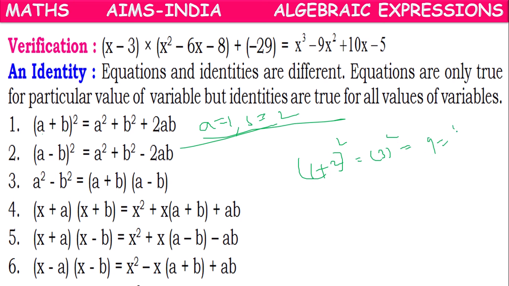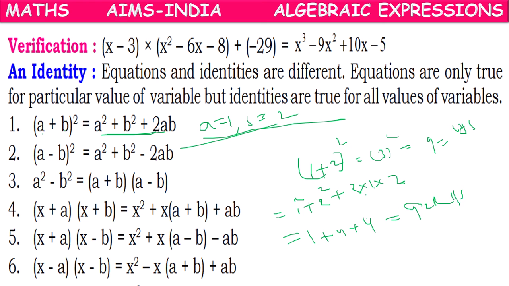The left hand side, 9, is the LHS part. What about the RHS? a square, 1 square, b square, 2 square, 2ab, 2 into 1 into 2. 1 square is 1, 2 square is 4, 2 times 4, 4 into 1, 4. 1 plus 4 plus 4 equal to 9.